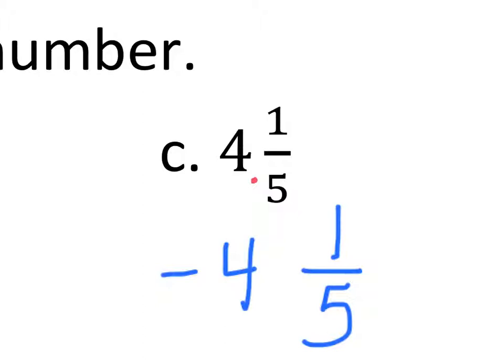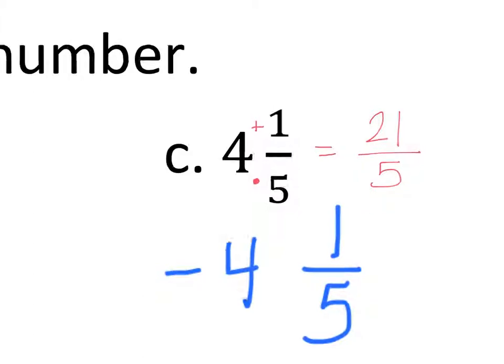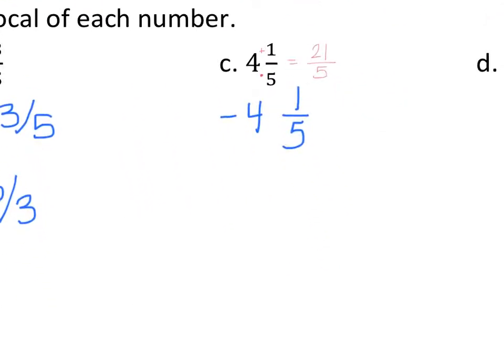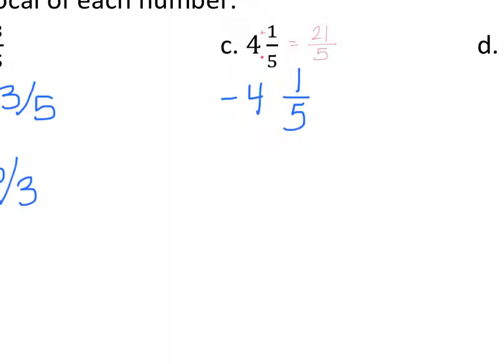It's 20, and then we add 1. 21 over 5 is the same thing as 4 and a fifth. Then you flip them around, and 5 over 21 is the reciprocal. Very good.